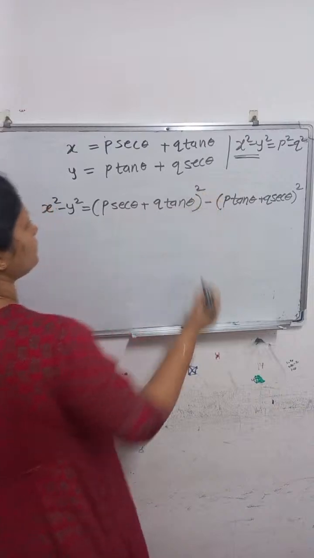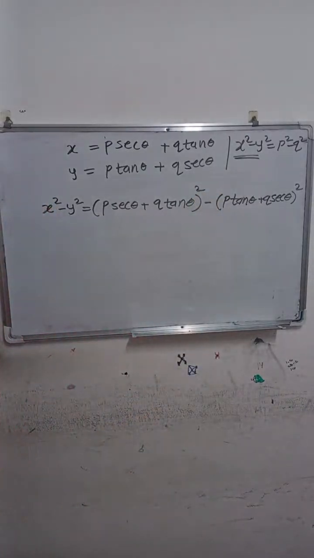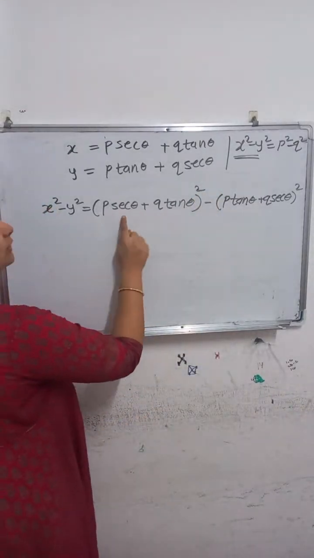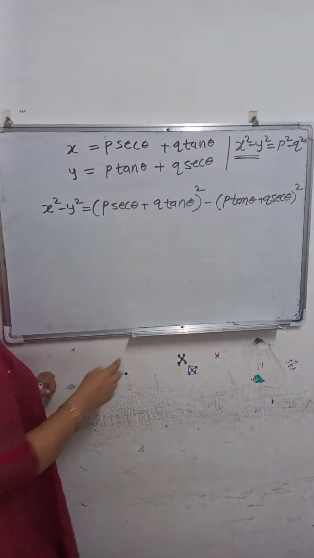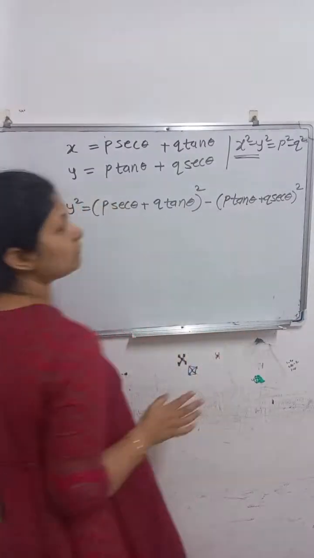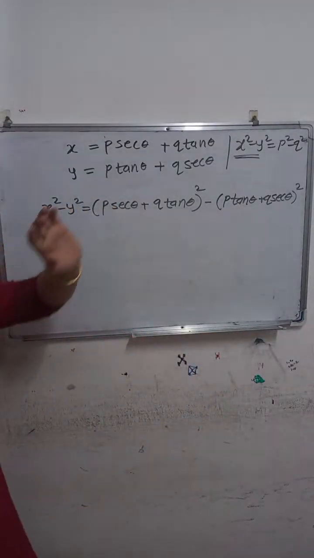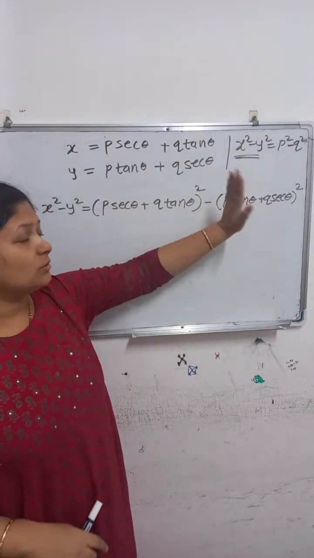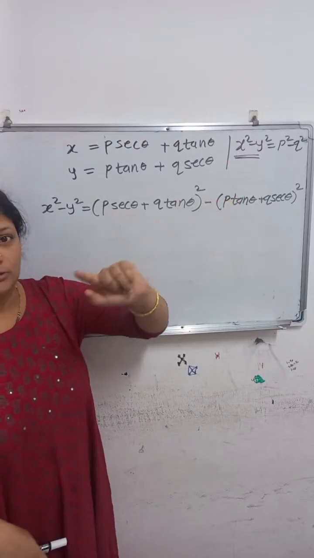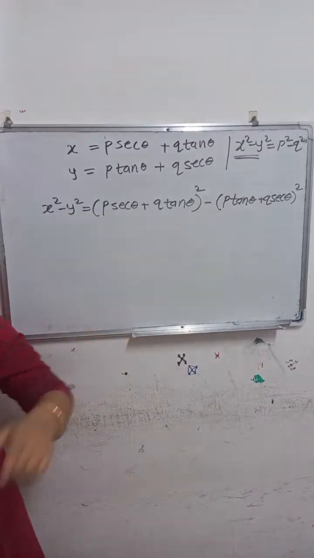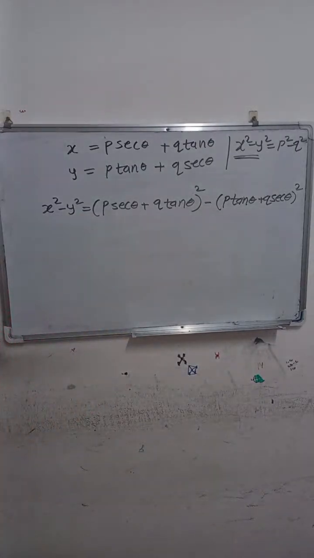This is also a square. Now in this bracket we can use a plus b whole square, and here also. Make sure while writing the expansion you write in brackets, because the outside sign is negative. We have to multiply that negative afterwards inside the bracket.